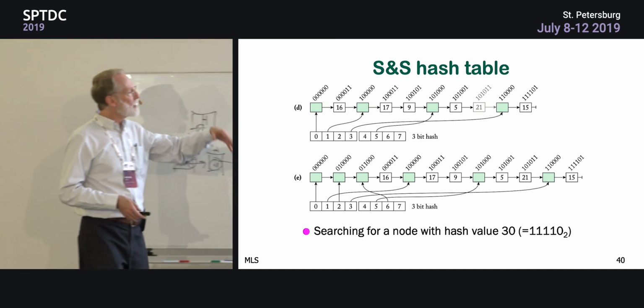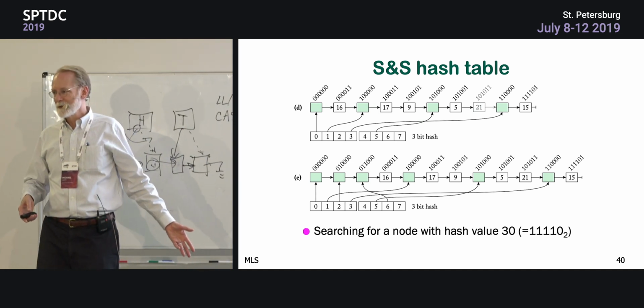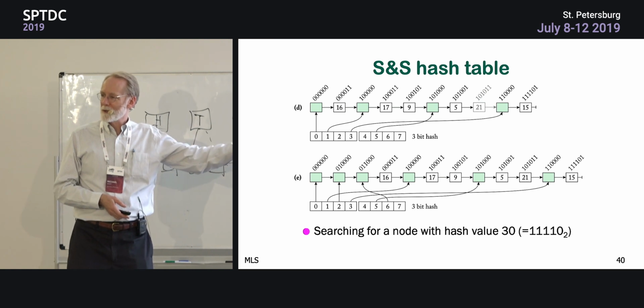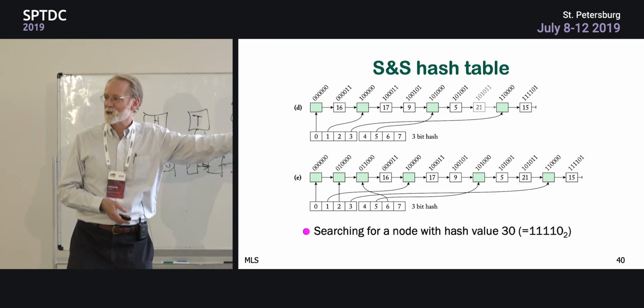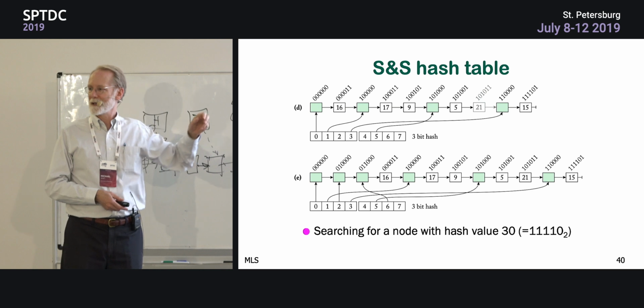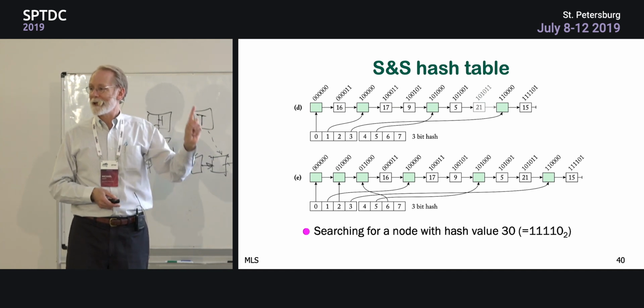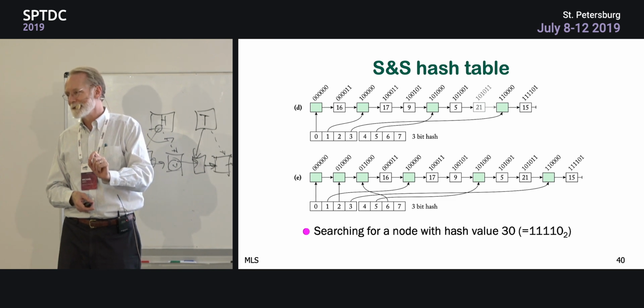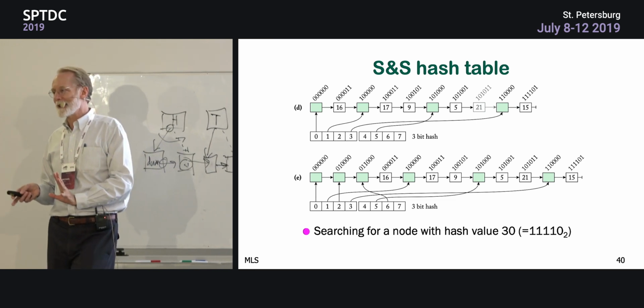So if I've resized the table 10 times, then I have two small tables and one that's twice as big as either of those, and another one that's twice as big as that, and another one that's twice as big as that. And I have to get into the right element of one of those in expected constant time. And they don't talk about how to do that.